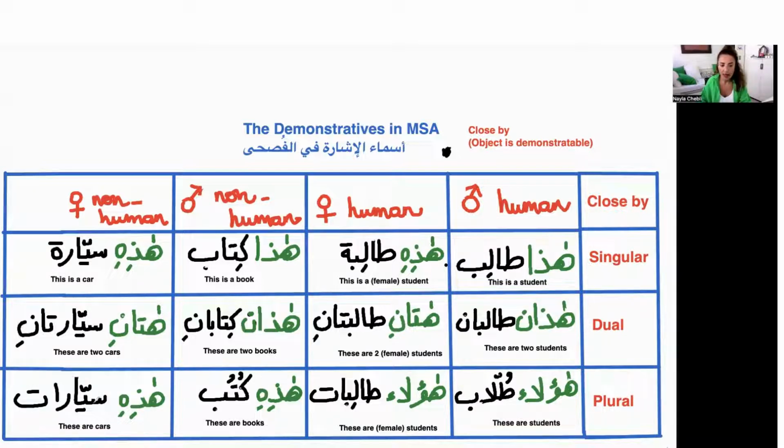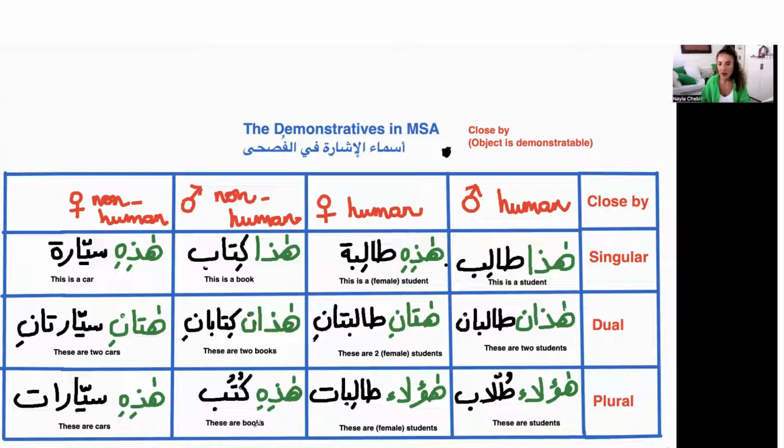So it doesn't matter here the gender. With plural, masculine or feminine, non-human, I use the same demonstrative. So what matters here is whether it's human or non-human and not the gender.